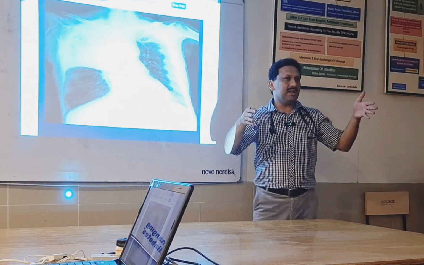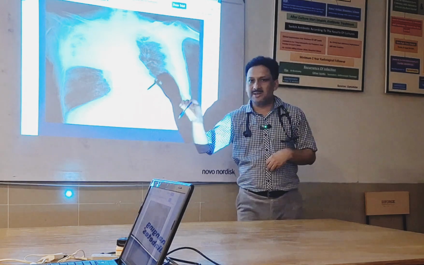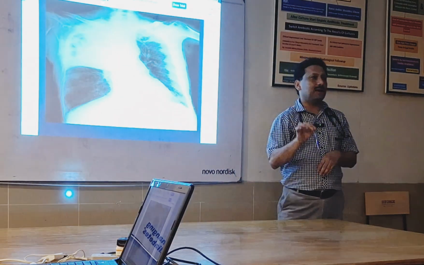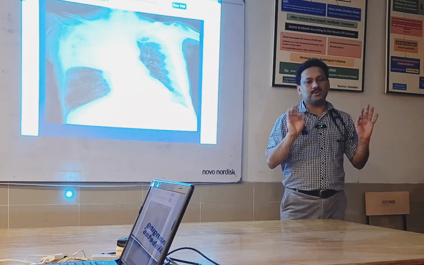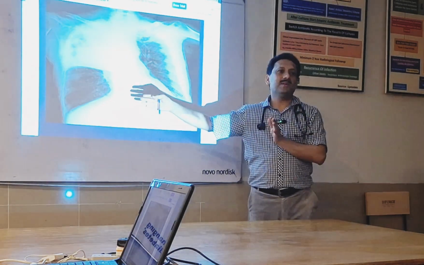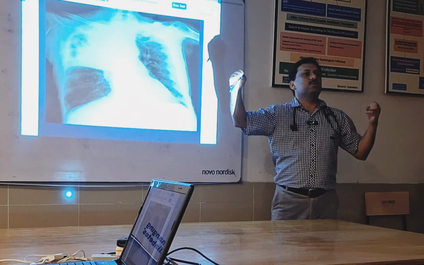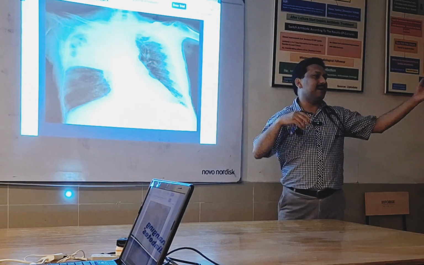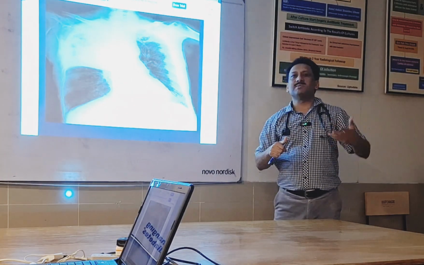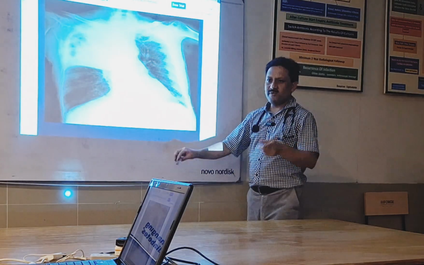So in an opacity, if you ever see air bronchogram, this is consolidation unless proved otherwise, and you really won't be able to prove otherwise. So that will essentially be consolidation. That consolidation can be bacterial pneumonia, viral pneumonia, or tuberculous pneumonia, but this would be consolidation, right? Move ahead.